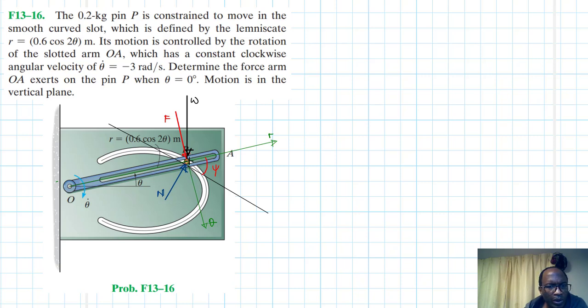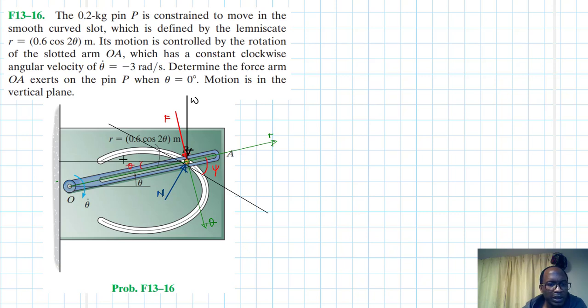We know that if we extend a line like so there, a horizontal line, this angle here will be equal to theta.